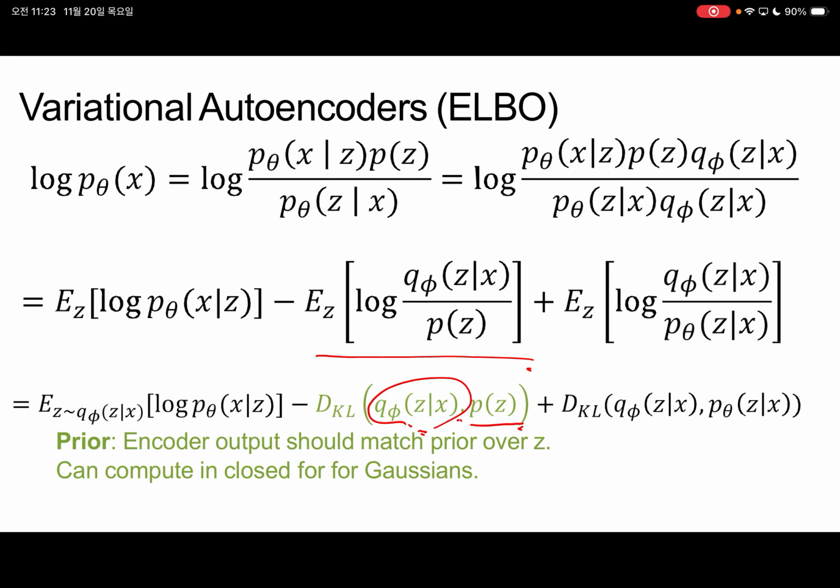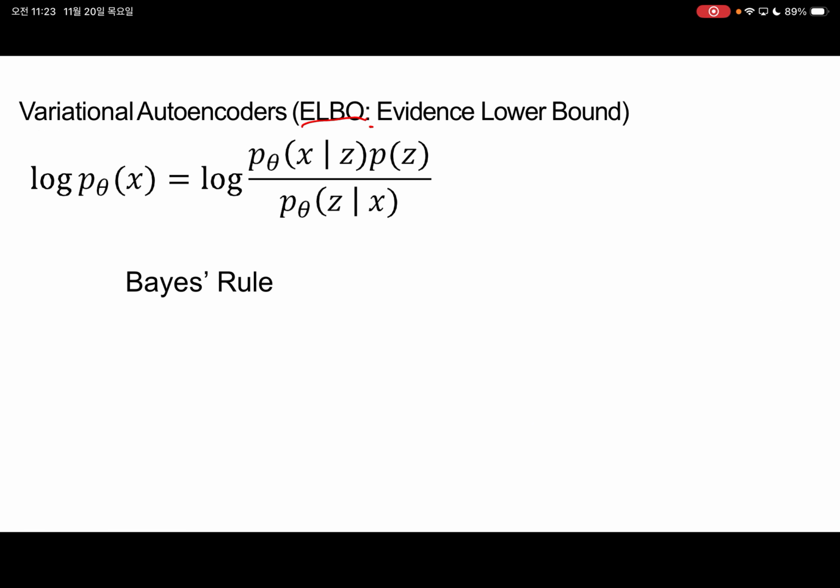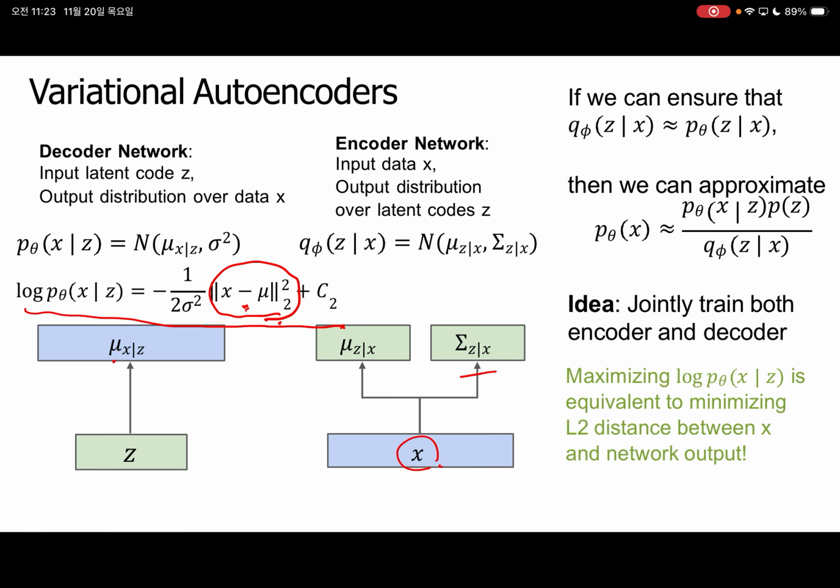That's all. That is the second loss function. The encoder output should match the prior over Z, and this can be computed in closed form for Gaussians. We are interested in Gaussians, right? So from the encoder side, we want this to follow a normal Gaussian distribution. That is the second loss function.